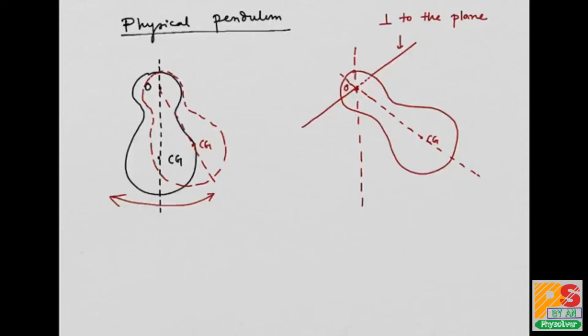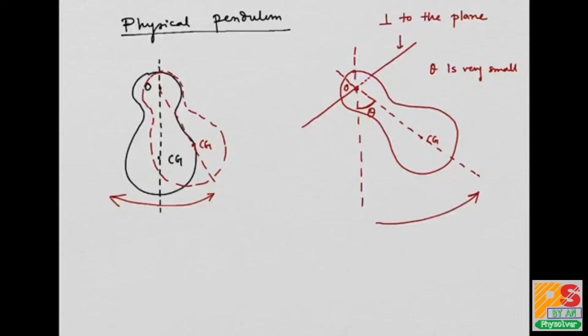Now the body is displaced from the initial line by this angle theta. We will assume that this theta is very small. Therefore the applied torque to displace this body from the initial position to this position is the rotation like this, right?